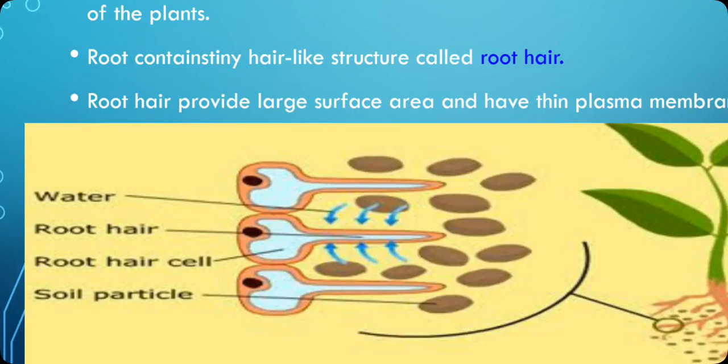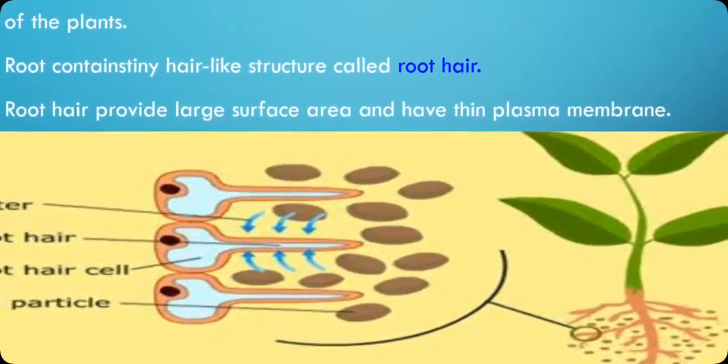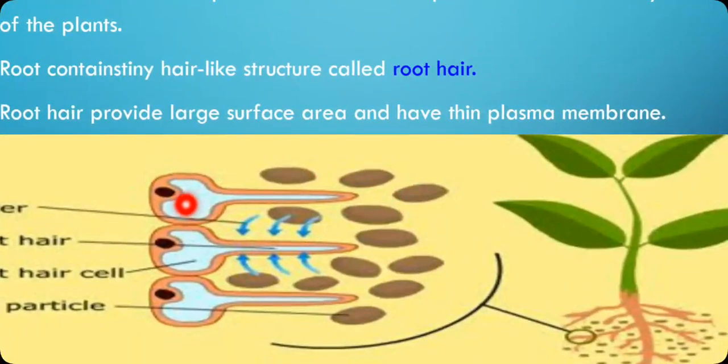Because root hair has a thin surface, the cell membrane is very thin, and besides that it increases the surface area so that water can enter into the root hair cell. So root hair provides a large surface area and has a thin plasma membrane which helps the water to enter.